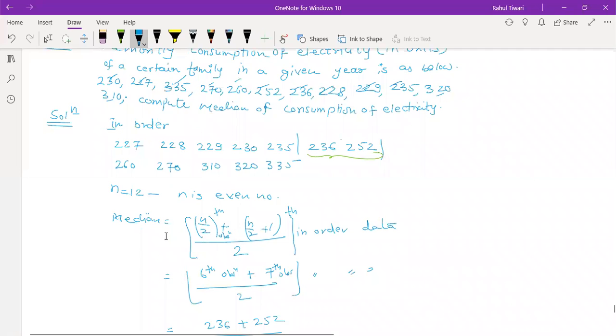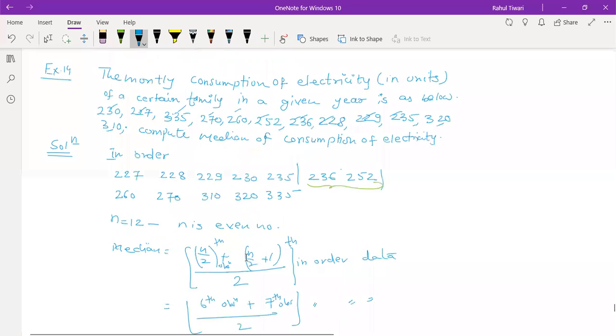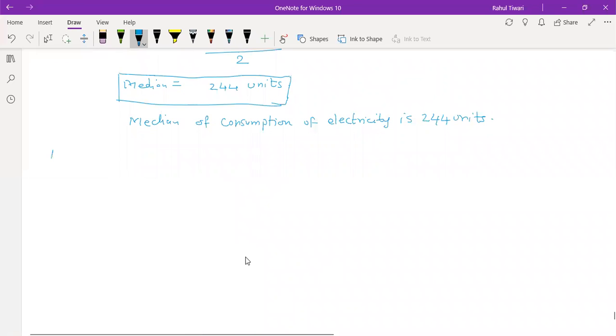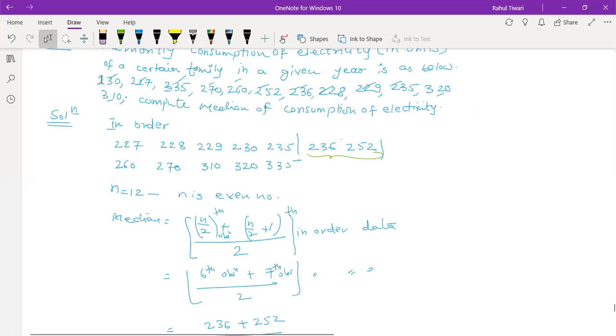Now we consider the same data, example number 14, and just omit the last data, which is 235.